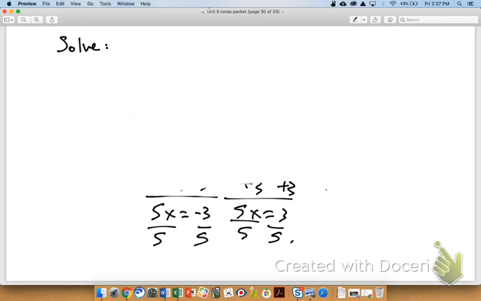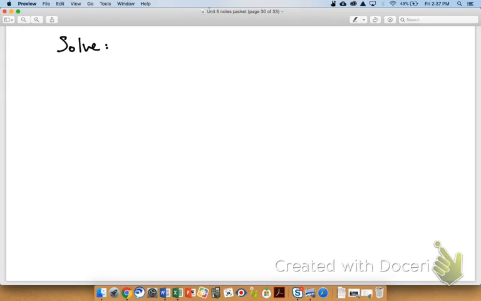Let's try another one. How about this one right here? All right, please try to solve that: 4x squared minus 20x equals 0.